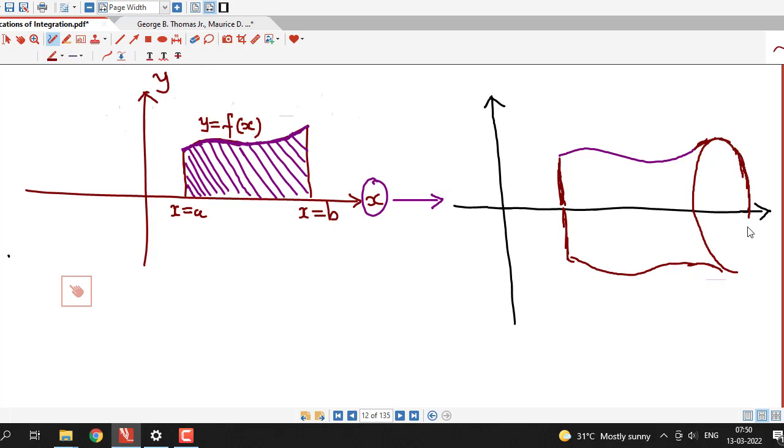So this is the rough sketch of this solid which we will obtain by rotating this plane region around x-axis.